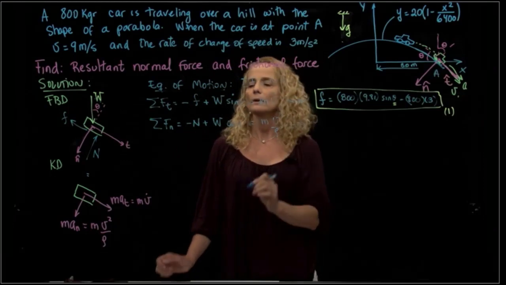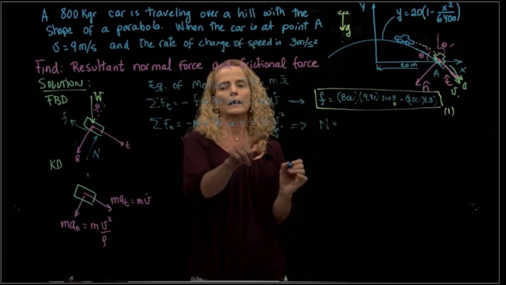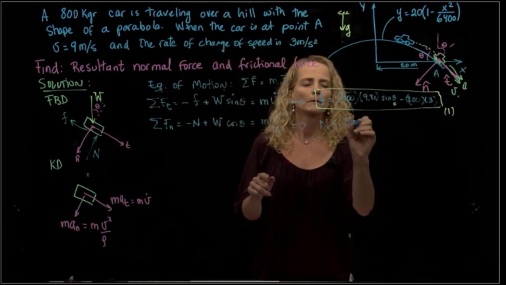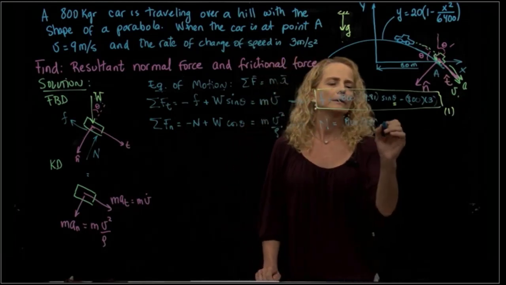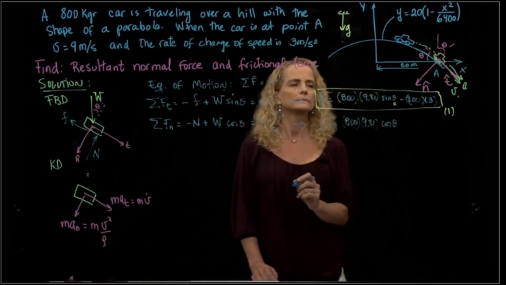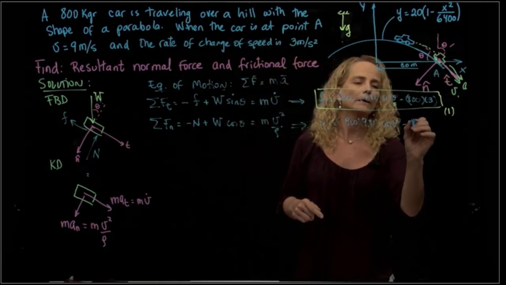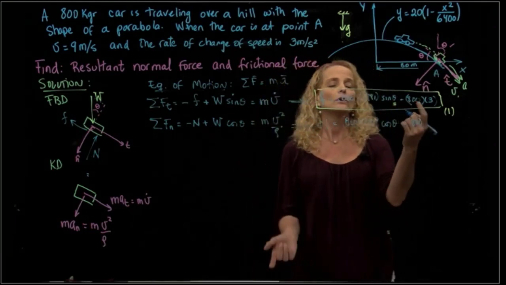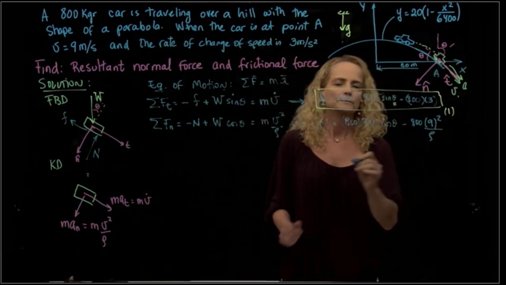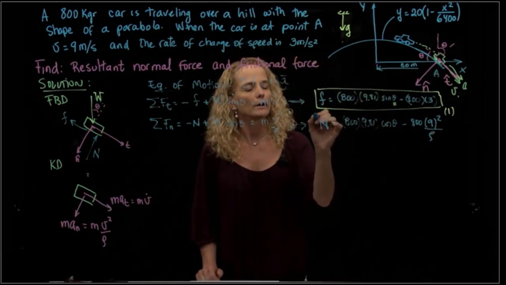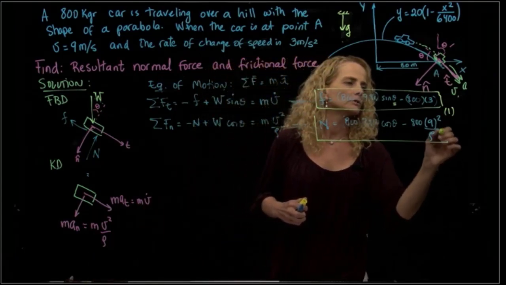If I solve for N, it will be my weight, 800 times 9.81 cosine of theta, minus my mass times the velocity 9 squared over the radius of curvature. So this is my second equation, equation number 2.